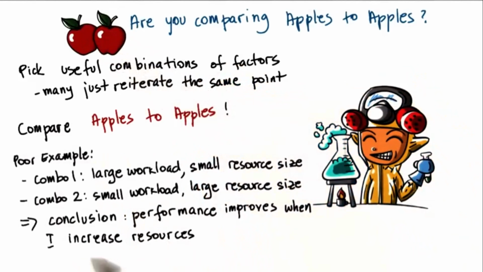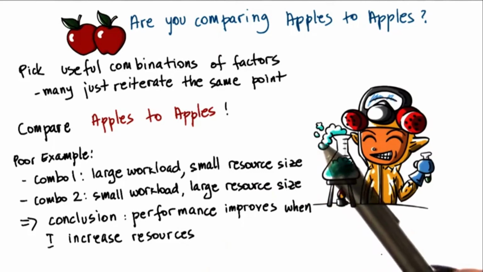For instance, let's look at one bad example. We have one combination in which we run an experiment with a large workload and a small amount of resources, and then a second run of the experiment in which we've changed the workload, so now we have a small workload, and we have also allocated more resources, for instance, more threads.